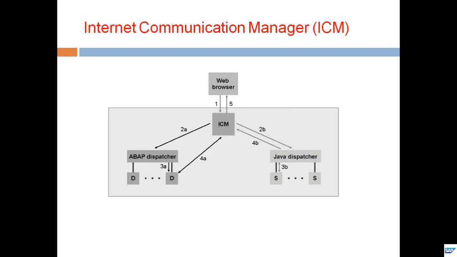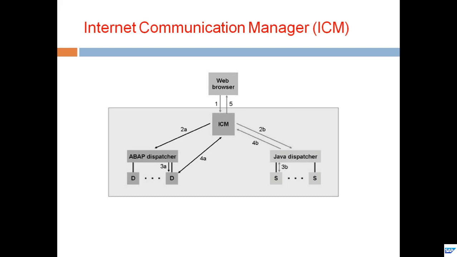The ICM can use the URL to decide where to forward the request. If it cannot reply to the request from its cache, and the request is to the Java environment, it is sent to the Java dispatcher, which you can see as 2B, which then forwards to a Java server process, which you can see as 3B.